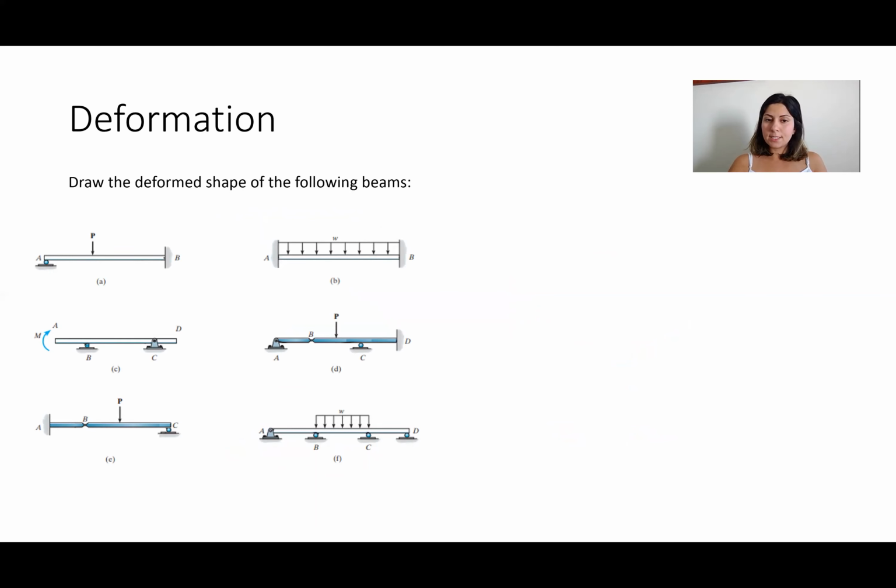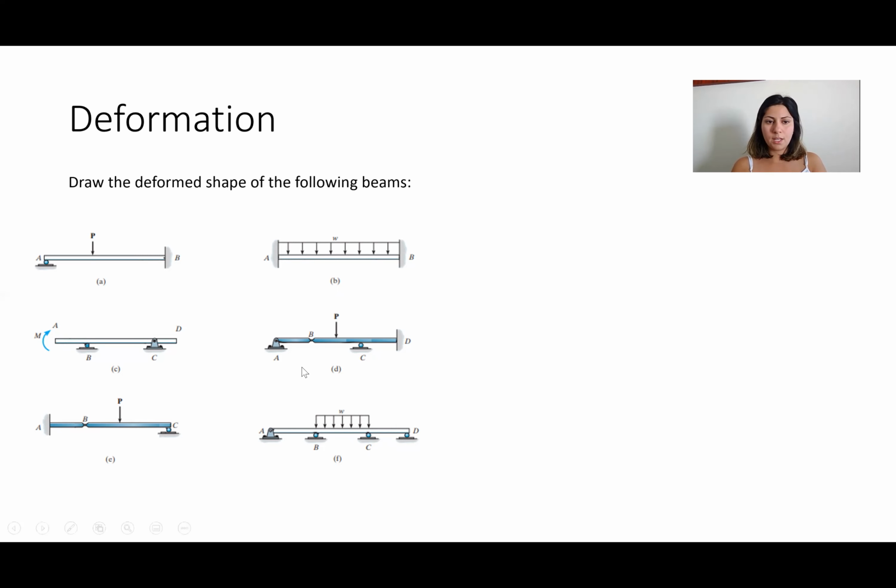Let's practice more. Here we have 1, 2, 3, 4, 5, 6 beams with different loadings. I want you to draw the deformed shape of the beam by heart. I haven't provided you any diagram. I just want you to use your common sense and the rules that you already know.